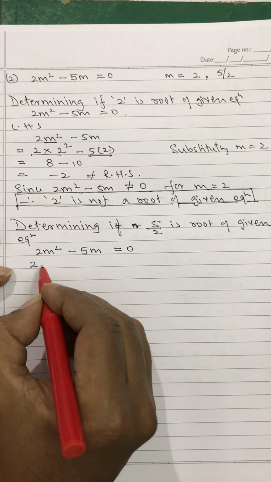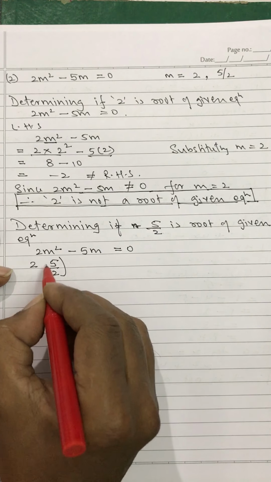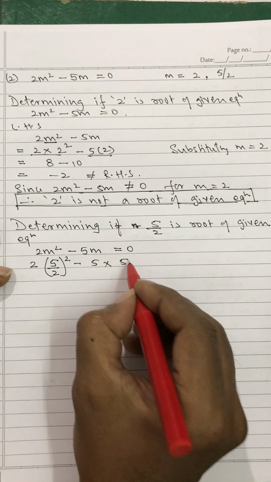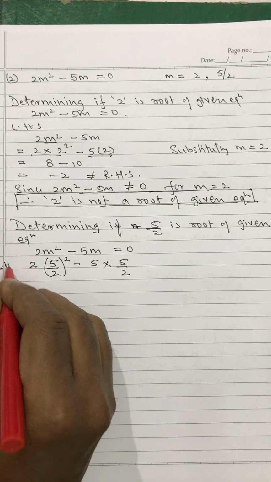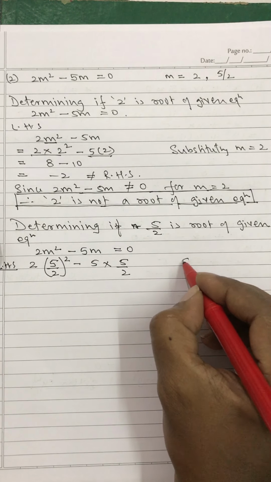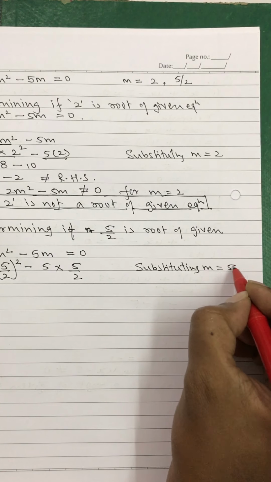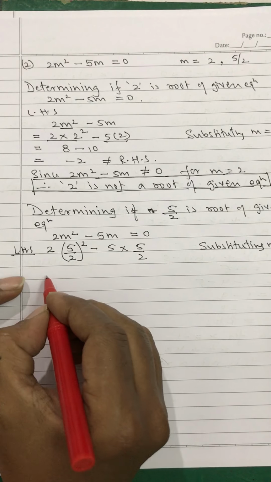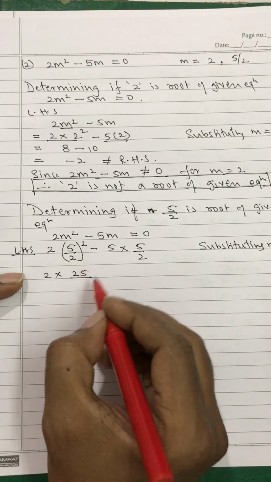So in place of m, you will write 5/2. 5/2 the whole square minus 5 into 5/2. We will take only the LHS. Substituting m is equal to 5/2. Okay, so here you will get 5 square, that will be 25, and also you will have to take the square of 2, that is 4.